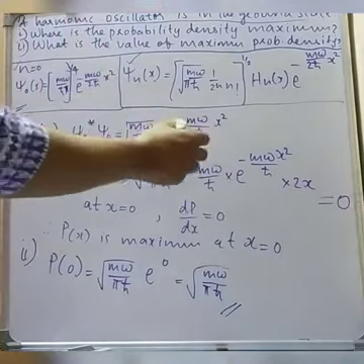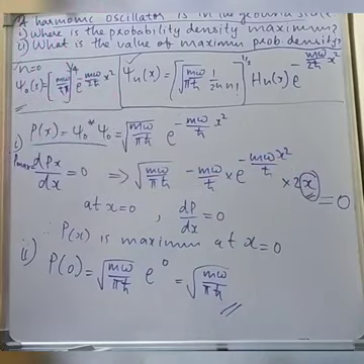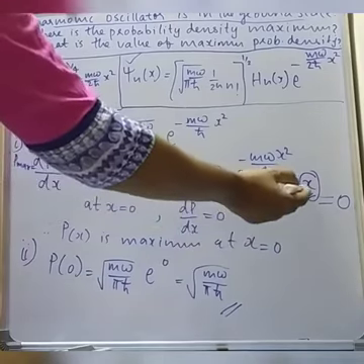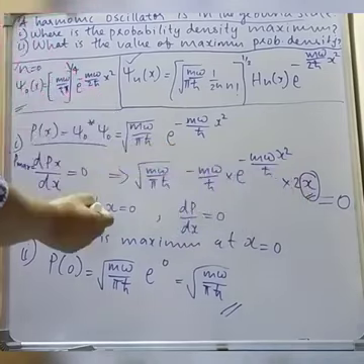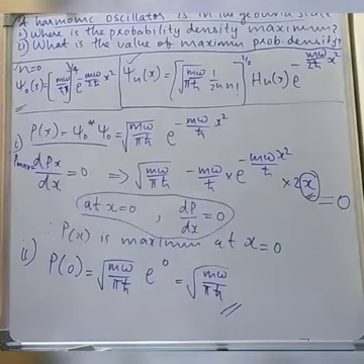For this to be 0, we have an x here, so this x should go to 0 so that dP by dx will be 0. That means probability is maximum at x equal to 0.